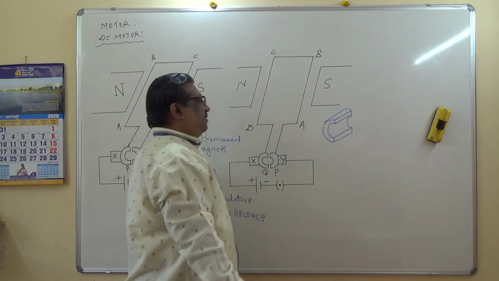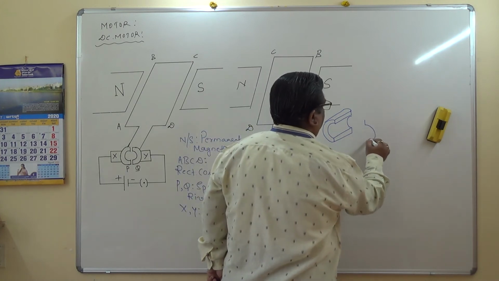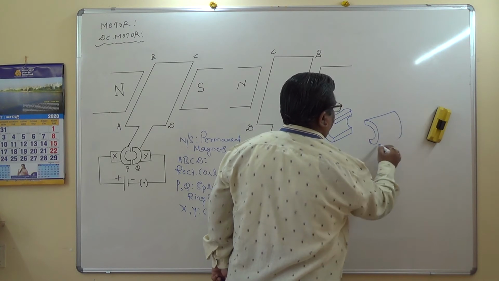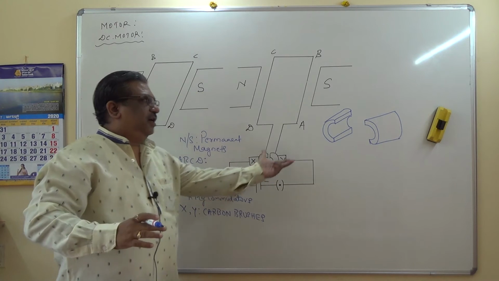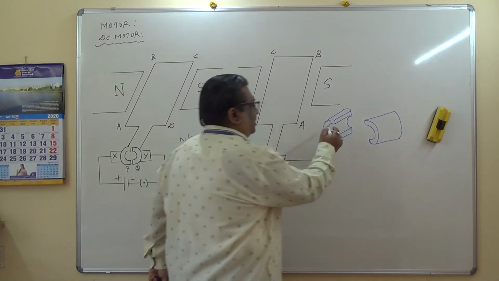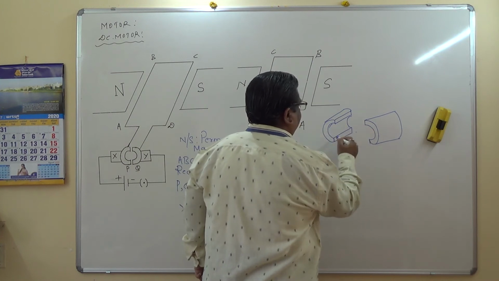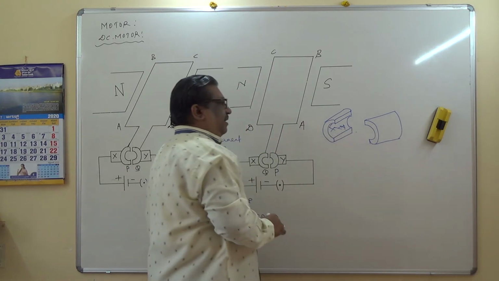This is one half and this is the other half. These are the two halves, small bushes. These are made of copper, and the inside portion is insulated, while the outside is conductive.